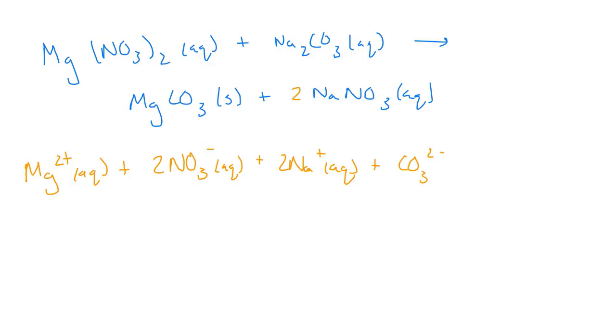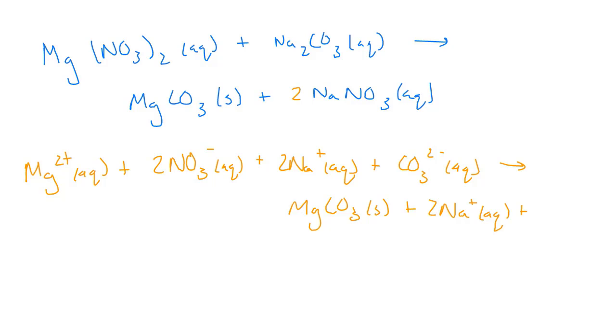So that's going to be 2 minus. So again, that's one of those polyatomics you need to memorize. So that produces what? MgCO3, solid. And 2 Na plus aqueous, right?